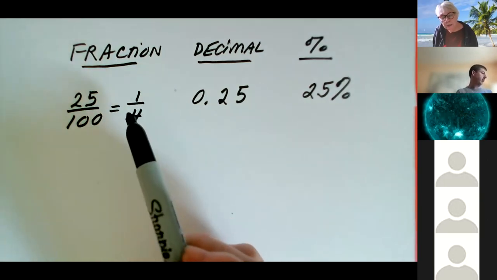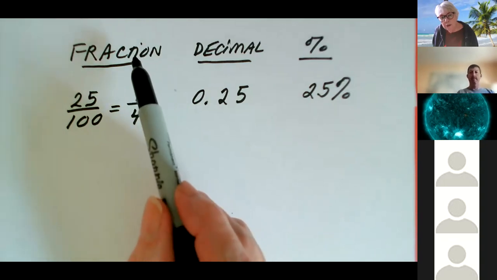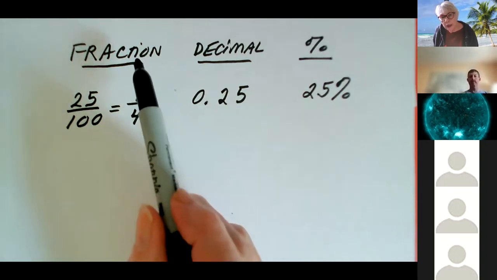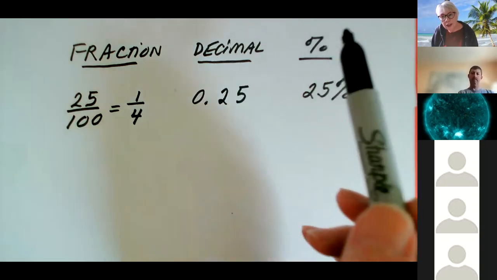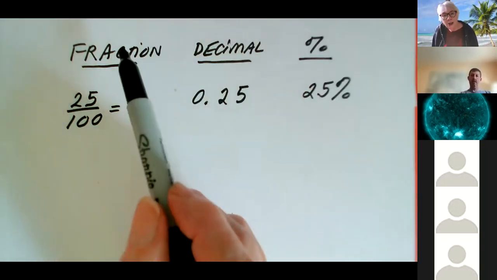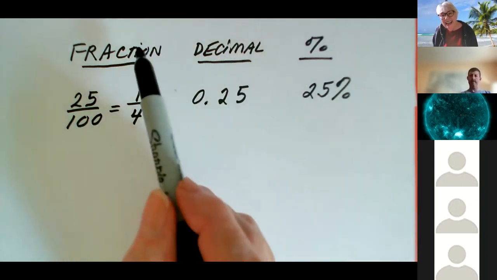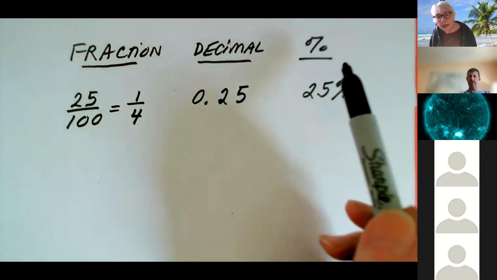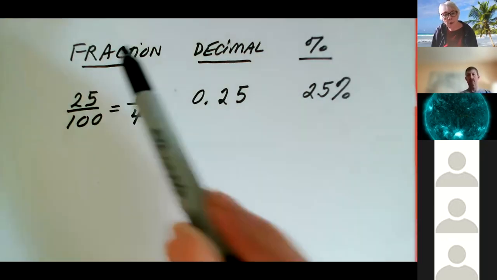Notice that when the way this chart is set up, when you have a fraction, like 1/4, it may work out to be a decimal first and then a percent. You know how the saying, you can't get from here to there. And so sometimes you need to go from a fraction to a decimal to a percent. In other words, follow that sequence. You can't always hop from one to the other.